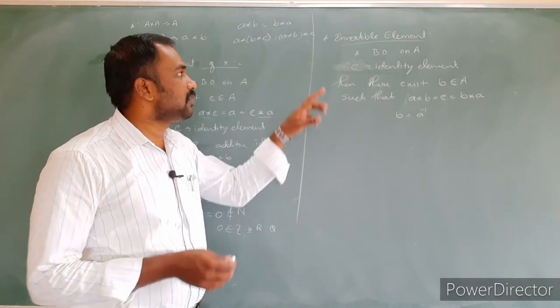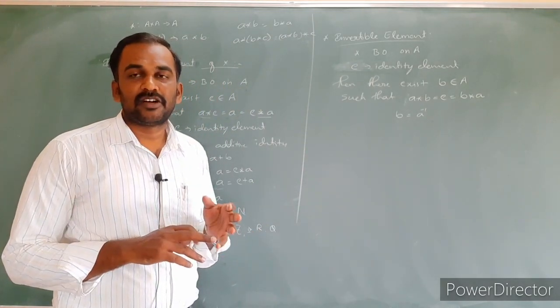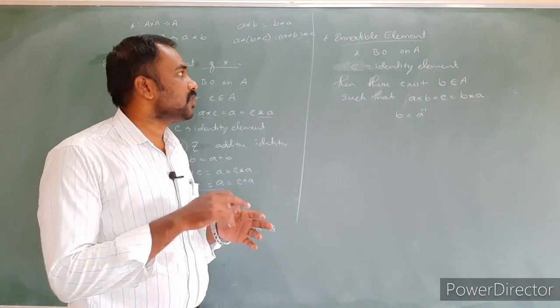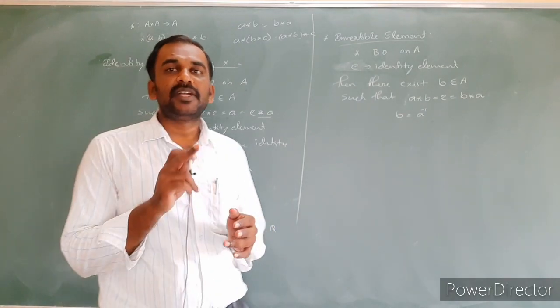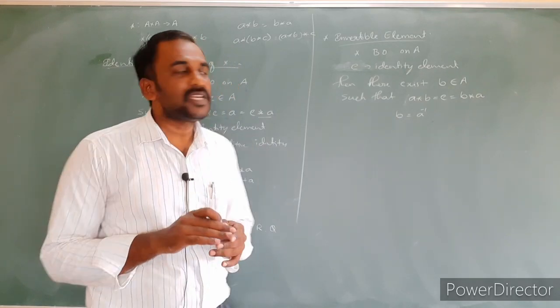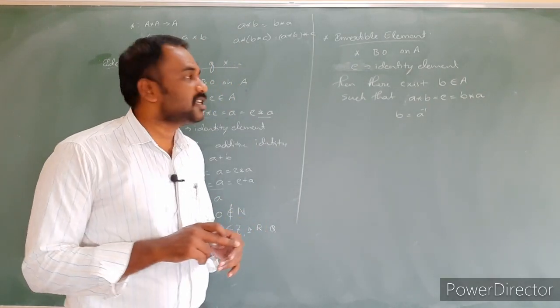What is the invertible element? Star is a binary operation on a set A. Then E is the identity element. To find the invertible element, the identity element must exist. E is the identity element.